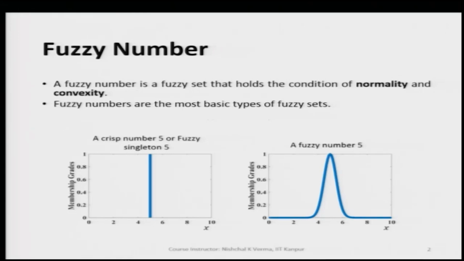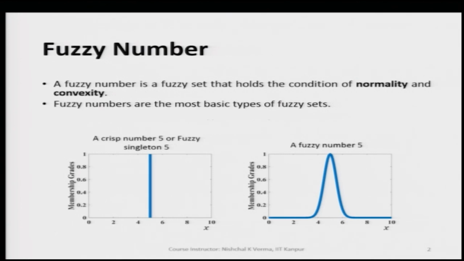So, let us first understand what a fuzzy number is. In one of the lectures we had already discussed what a fuzzy number is. A fuzzy number is basically a fuzzy set that holds the conditions of normality and convexity.